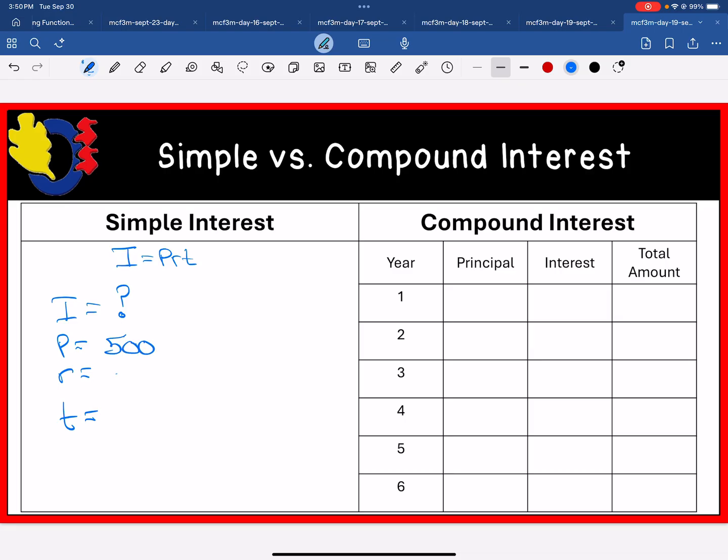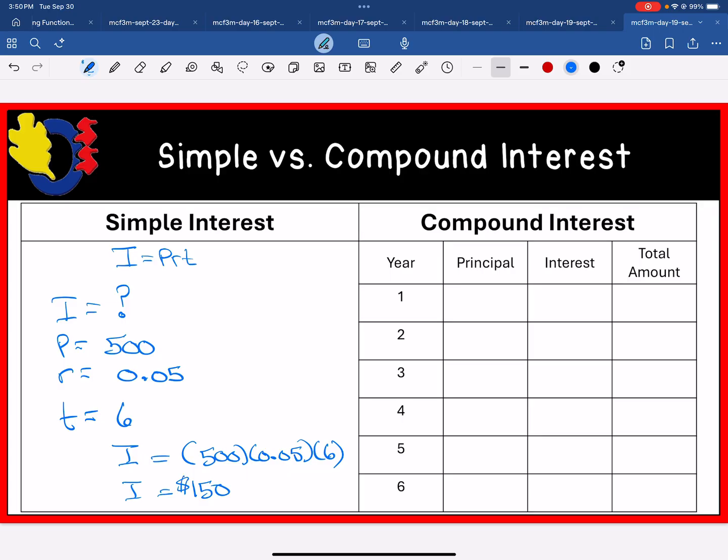The rate was 5%, so we need to convert that to a decimal, so divide by 100, 0.05. And then the time was 6 years. So if we substitute that into our formula, we get 500 times 0.05 times 6, and that gives us our interest of $150.